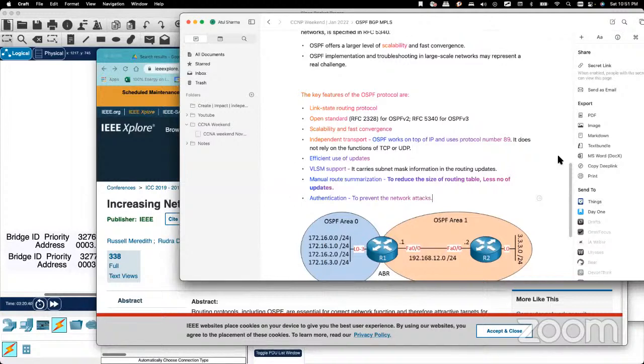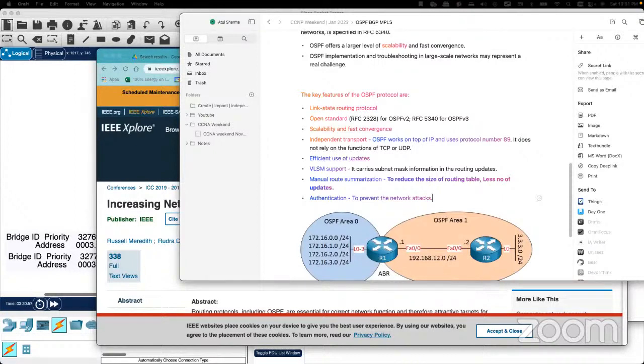Yes. So when it comes to efficient updates, when an OSPF router discovers a neighbor, what do we send? How do we discover a neighbor? By sending hello packets.